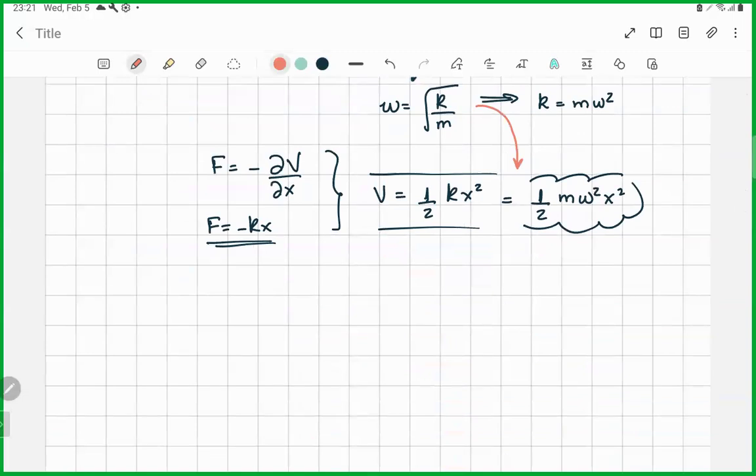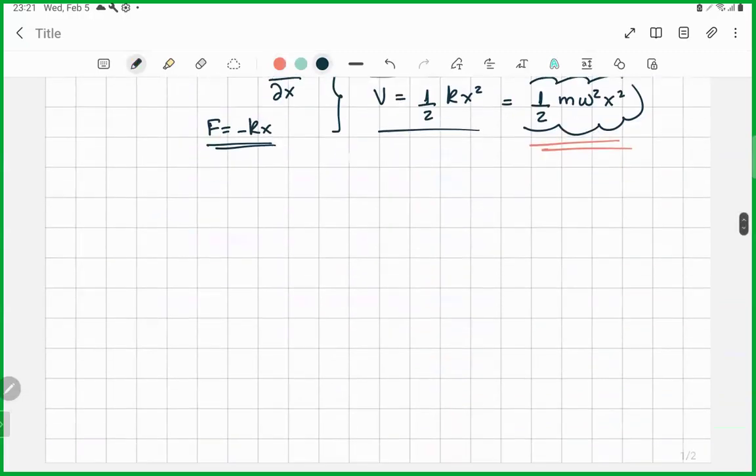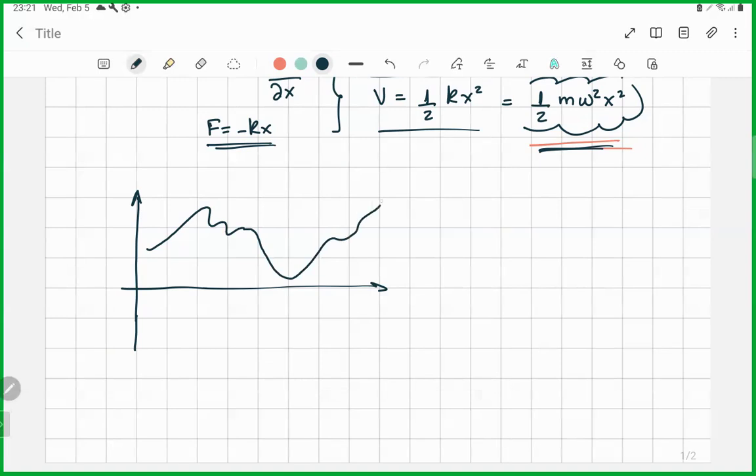So why are there so many systems that can be described by this potential energy? Well, the idea is the following. Even if the problem is not exactly described by that, as is explained in your book, suppose you have a certain general potential for a complicated problem, okay?